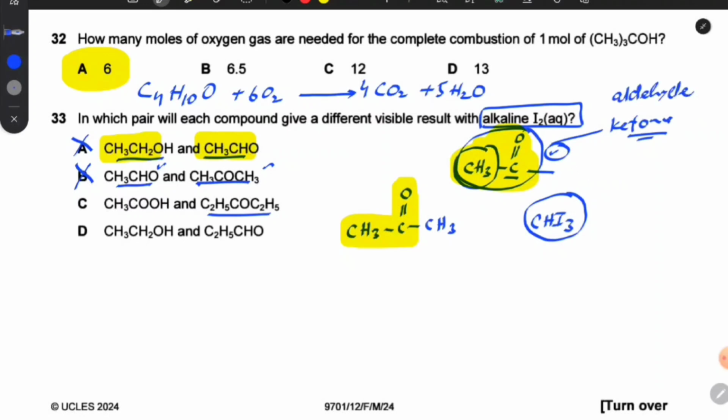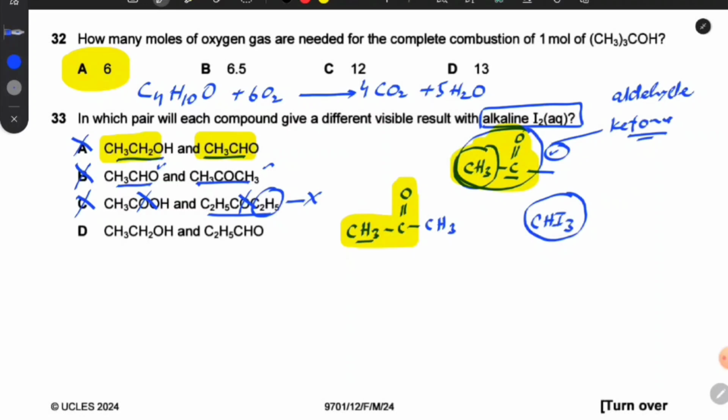Carboxylic acid will not give a positive iodoform test. And also esters cannot give an iodoform test because they do not have a CH3 group, a methyl group attached in this way. So both of these will not give a positive iodoform test. It means that you still cannot distinguish these two. So there will be no apparent visible difference between these two tests. So it is again the incorrect option.